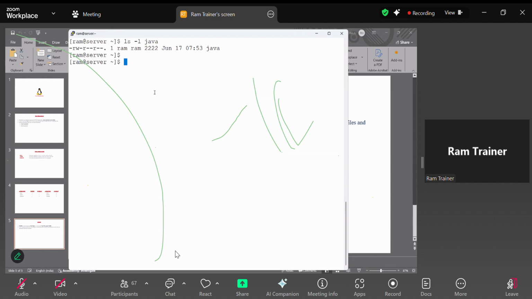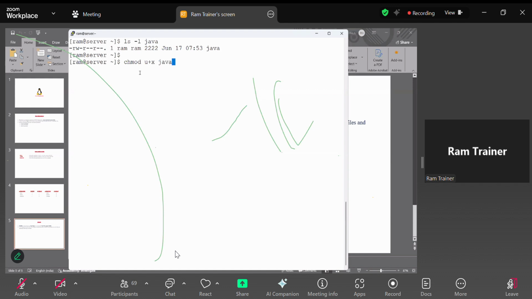Now how can you change user level permissions? Who is the user of this Java file? The owner, root. Root's permissions are read and write. I want to add execute permission for the user. For user level, u is the shortcut, and plus means adding. Which permission do you want to add?